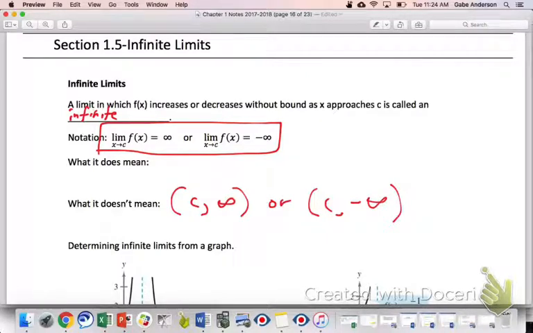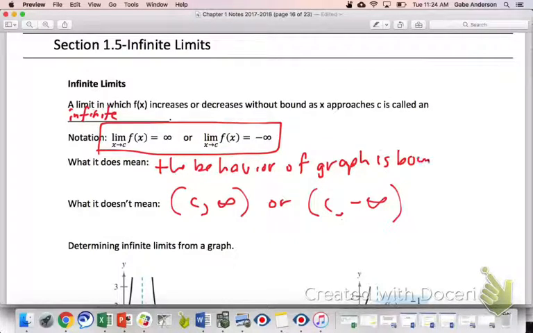You can't have a point where the y-coordinate is infinity because infinity is most certainly not a number. It's more of a philosophical concept than an actual number. And so you don't have a point on the graph like that. What it does mean is that the behavior of the graph, just like we talked about with limits, is boundless.